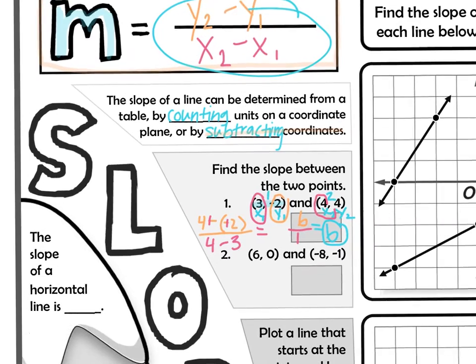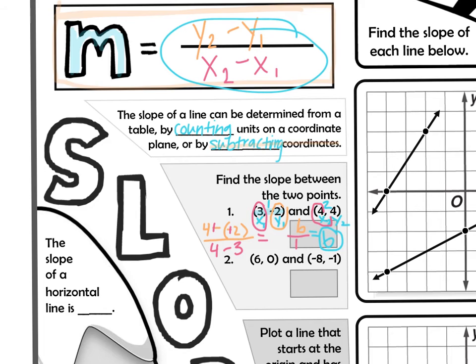And we're going to do the same thing with this second one. Label your points. So this is my first set, and this is my second. So x1, y1, x2, y2. And then you just plug them into that formula.